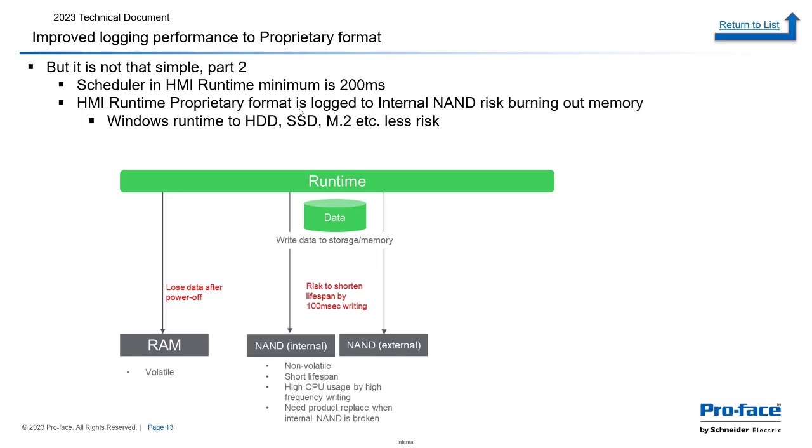In Windows this is less risk because the drivers of the hard drive, solid state drives, M2s, etc., take care of our flash so we don't burn it out. But there is still a risk depending on the quality of the drive, etc. But there is less risk than straight flash memory.